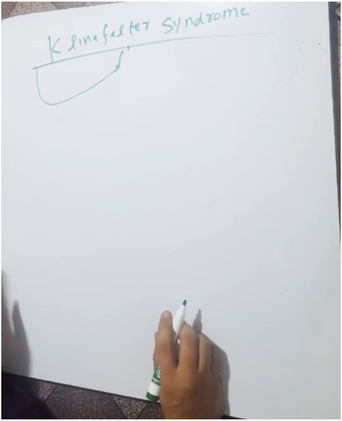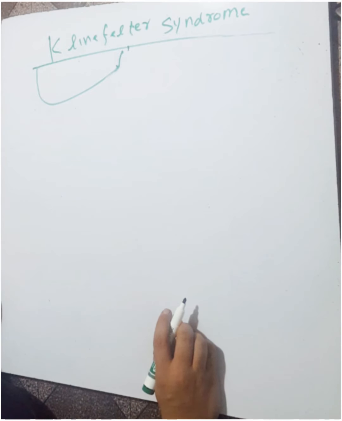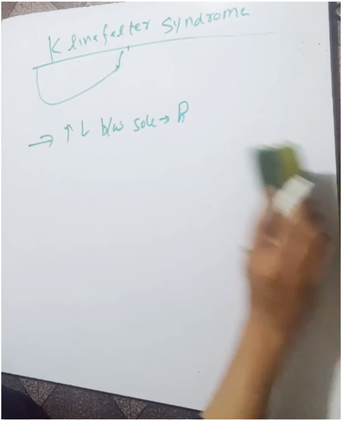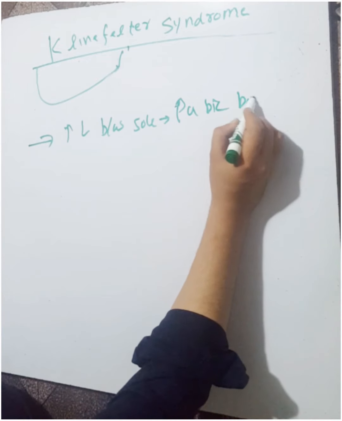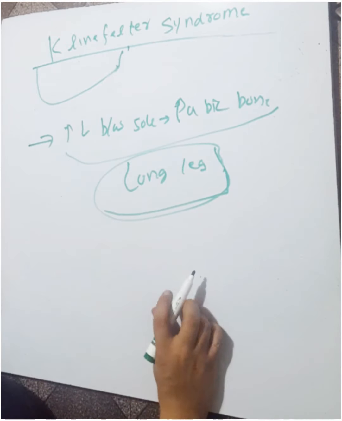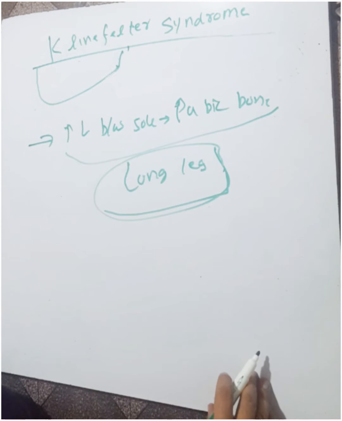Most patients have a distinctive body habitus with increased length between the soles and the pubic bones, that is, long legs. The Klinefelter patient is a long, elongated patient, with length more than the normal individual.